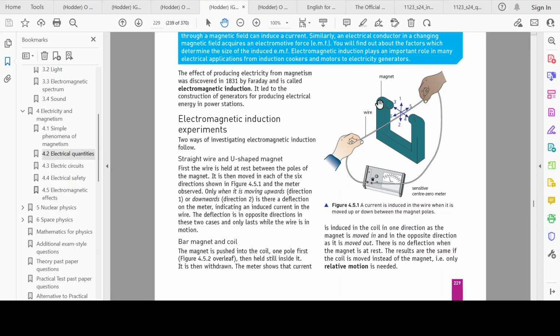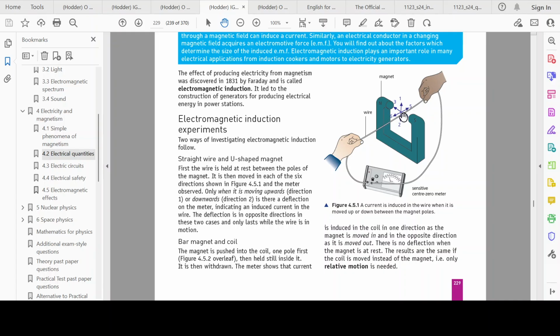There's a magnetic field going from north to south over here, and in this case, it's going to be a straight line, similar to arrows 3 and 4.